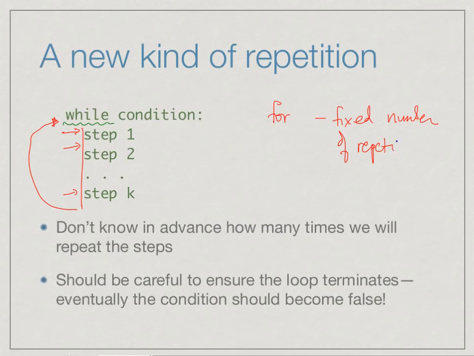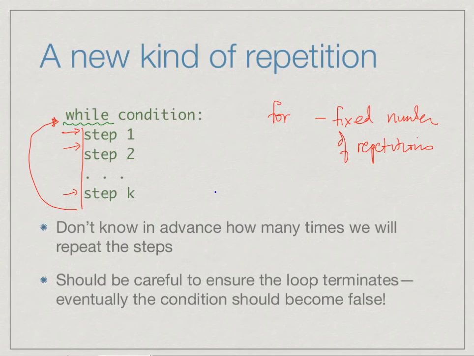On the other hand, a while loop is typically used when you don't know in advance when you're going to stop. So in this case, we're going to start with the minimum of m and n, work backwards, and stop as soon as we find a factor. But we have no idea in advance whether this will come early or we'll have to go all the way back to 1, which we know is guaranteed to be a valid factor.